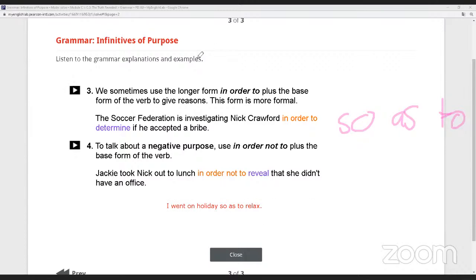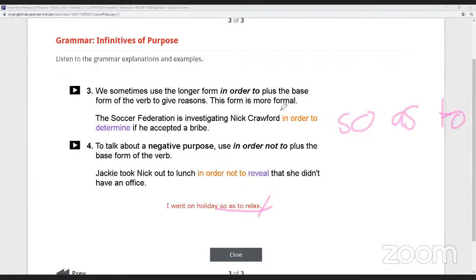I heard one of my colleagues use so as to a lot, but it could be informal, so it's in the middle maybe. The most formal is in order to, then so as to relax, and the least formal is to directly with the infinitive, to reveal, to determine. All of them have the same meaning. The only difference is the formality that we use for each situation.